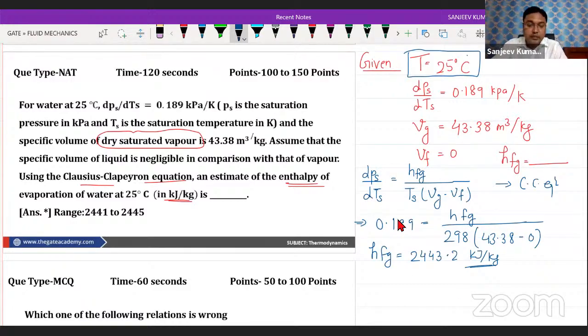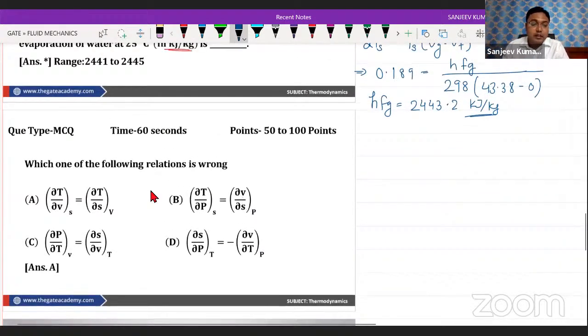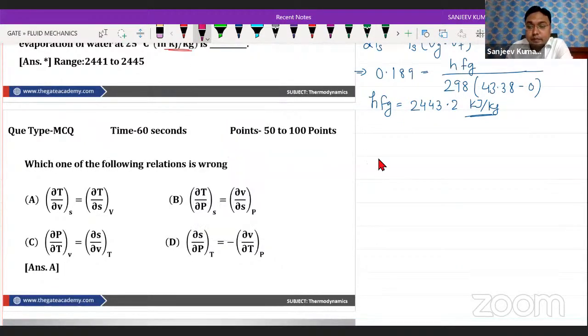Okay. Let's go to the next question. That is the last question. This is also: which one of the following relations is wrong? Now, a very good thing I'll do here: I'll write down the complete Maxwell equations, all 4 equations. First one, you can see how I'm writing here.